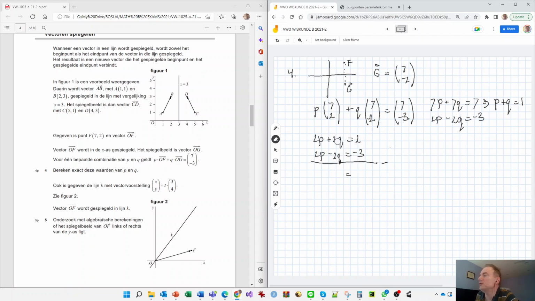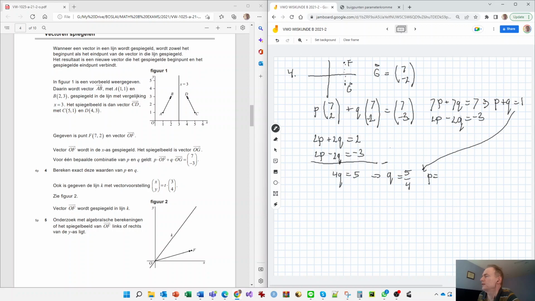So I get 2Q minus negative 2Q is 4Q is 5. So Q is 5 over 4. And now I just substitute in either of them to find P. So P, I just use this one. There's a lot of lag in my pad, unfortunately.